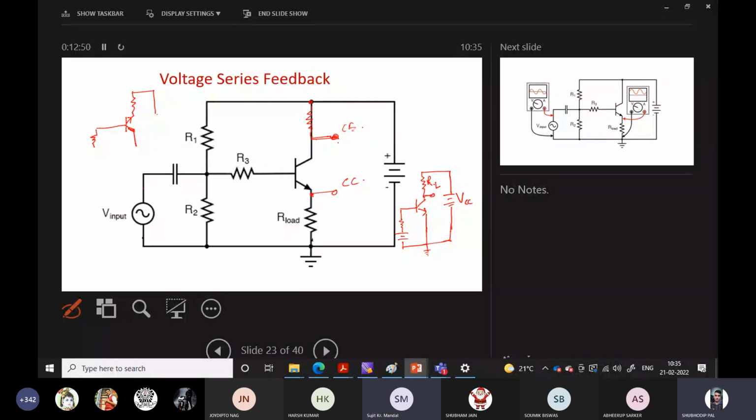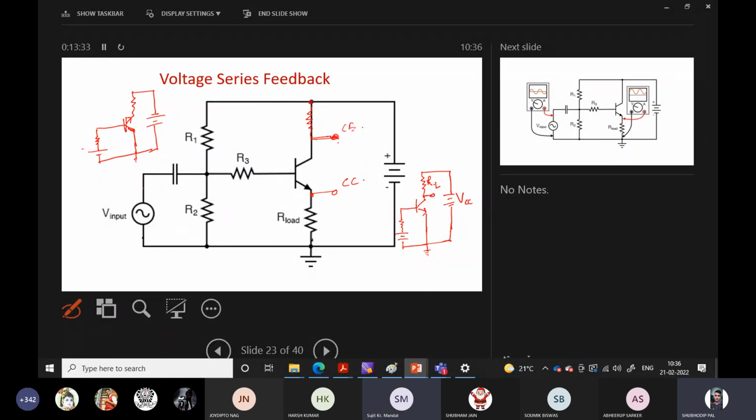Here the resistor, and then the circuit configuration will be like this.